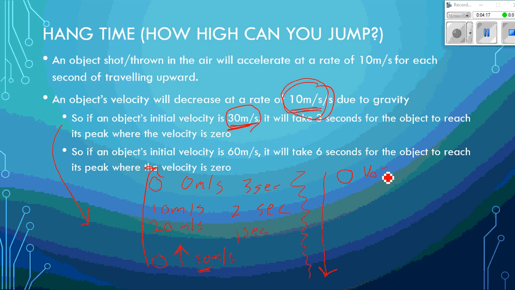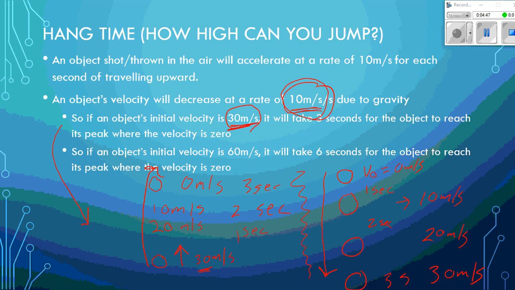Your initial is 0 meters per second. 1 second later, you'll be at 10 meters per second. 2 seconds later, you'll be at 20 meters per second. And then 3 seconds later, you'll be at 30 meters per second.